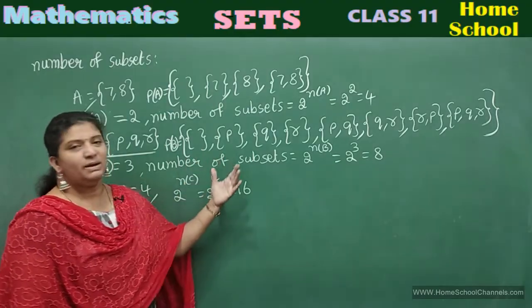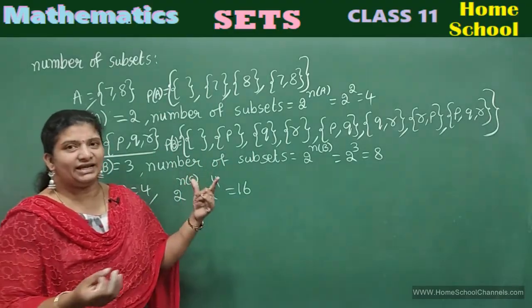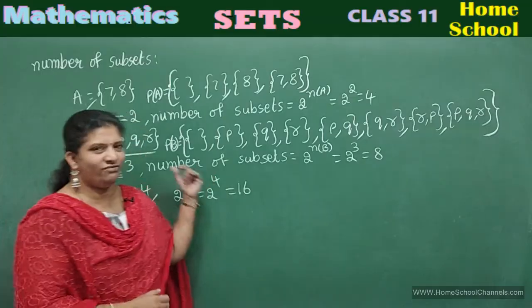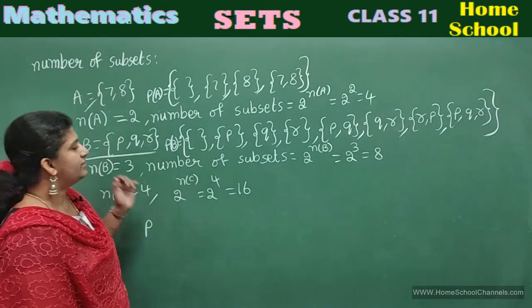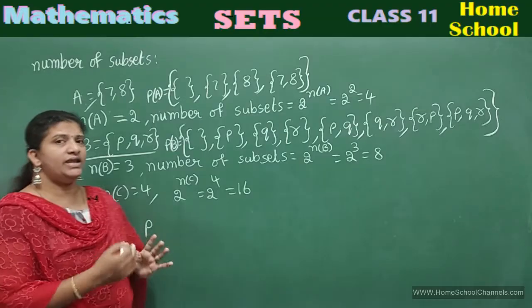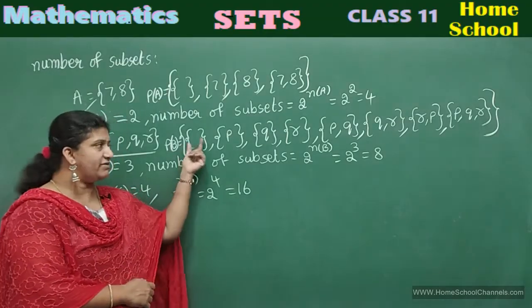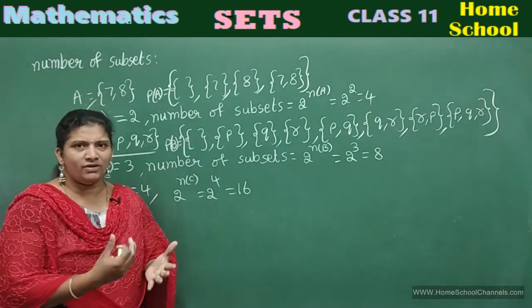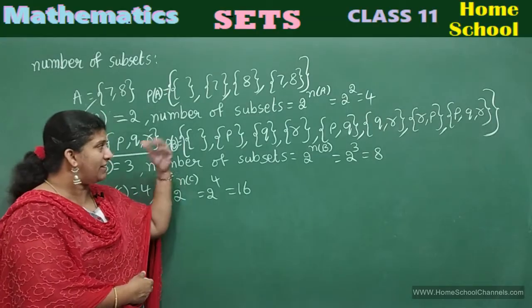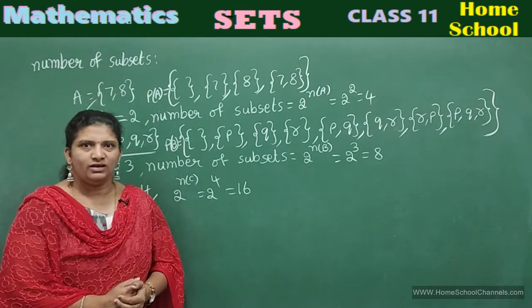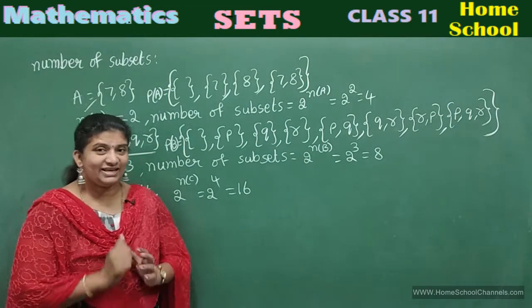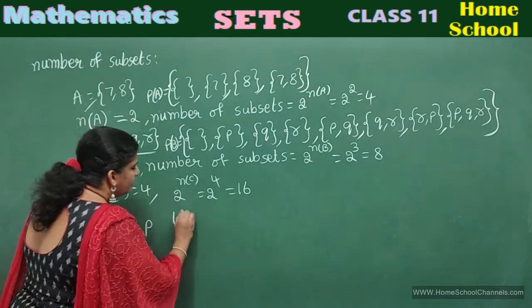Power set of B contains all the subsets of B. How many elements are there in a power set? Same formula: the number of subsets is the number of elements in the power set. You can use the same rule. Is this clear?